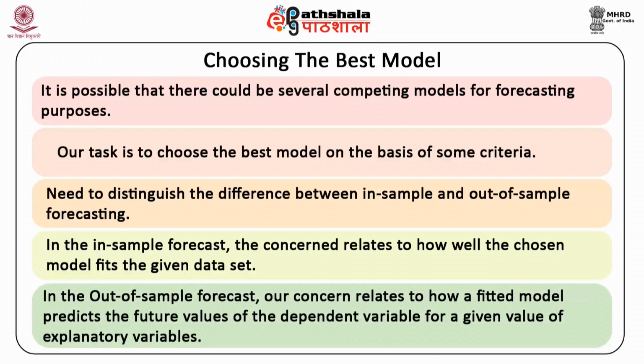In the out-of-sample forecast, our concern relates to how a fitted model predicts the future values of the dependent variable for a given value of explanatory variables. We discuss the following selection criteria for choosing the best model for forecasting purposes.